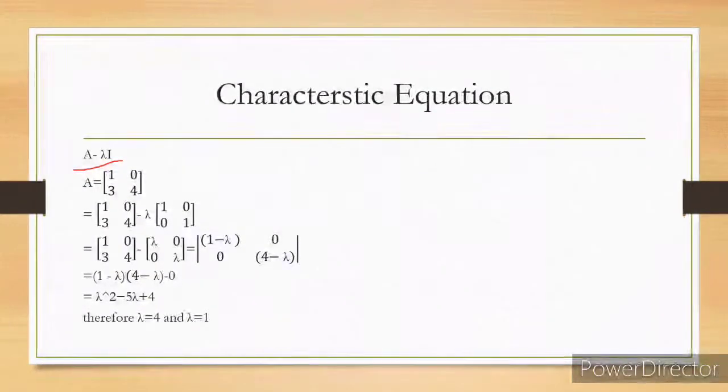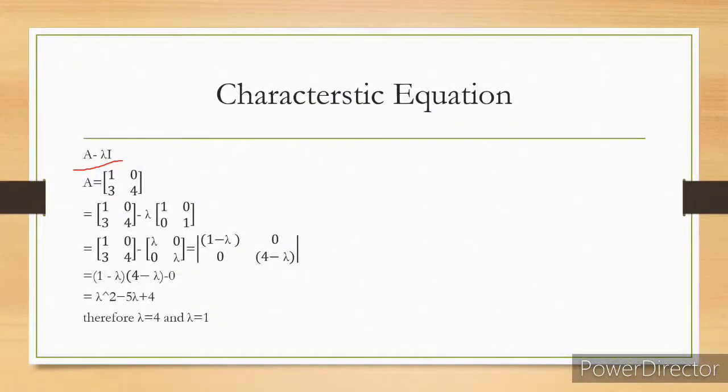Then you all may be knowing the factorization, right? So 5 lambda can be written as minus 4 and minus 1. Then it will become lambda minus 4 and lambda minus 1.